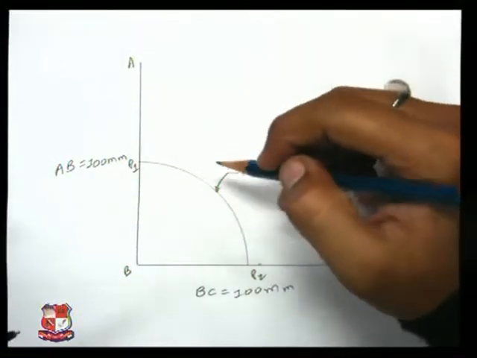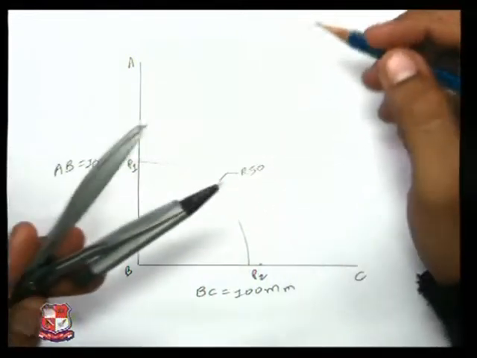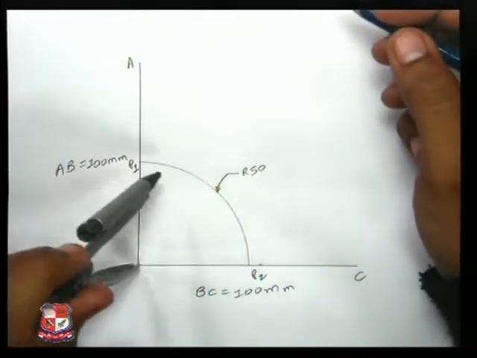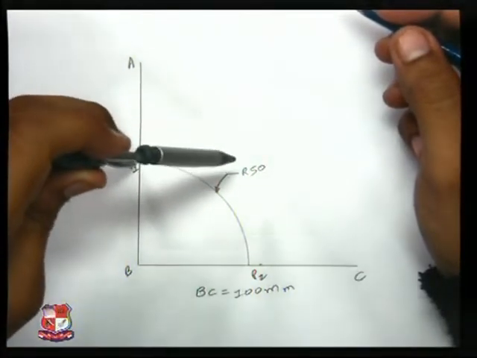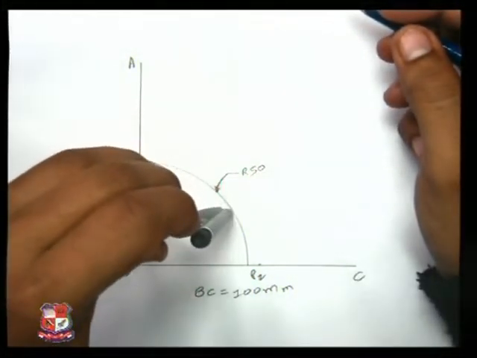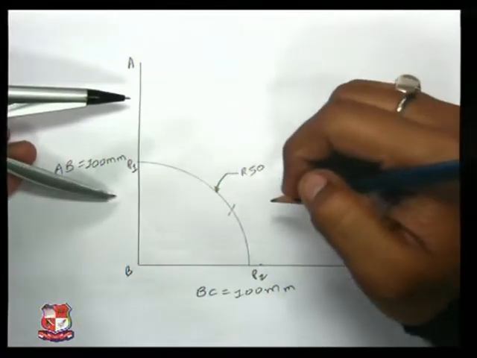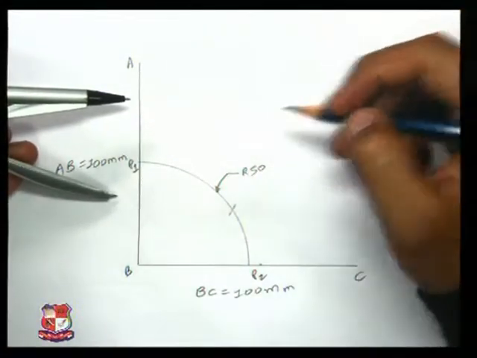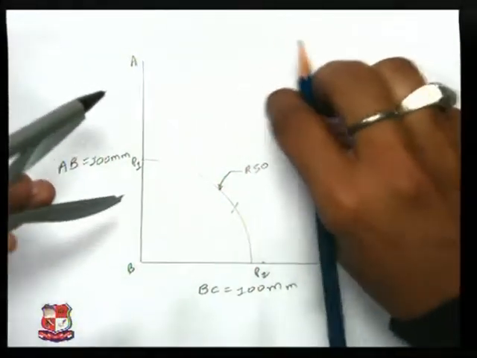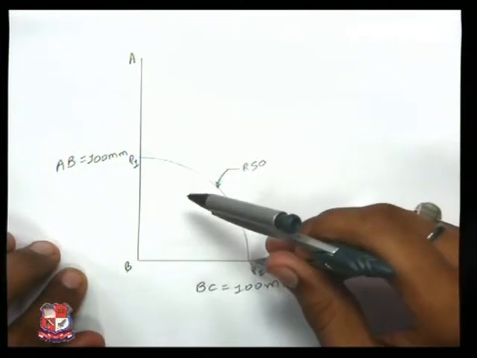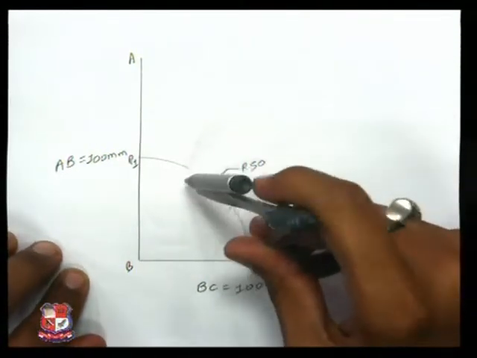Now take a radius of 50 only. We just need to shift the center. Take P1 as center and mark an arc on this big arc. Same radius, center would be P2.